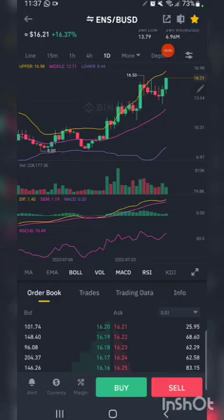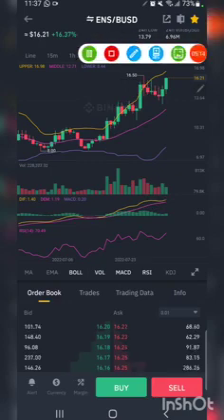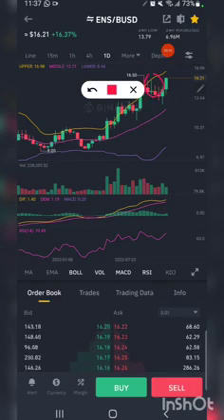Let's see what happened here. It looks like it was declining. That is where we saw this little pullback here. We saw a little decline here, and it starts redirecting attention up to the MACD line.